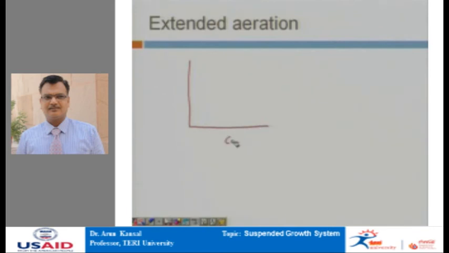If I plot a graph between contact time versus mass of microorganisms, then the growth of microorganisms follows this type of shape. Initially there is what is known as the lag phase.